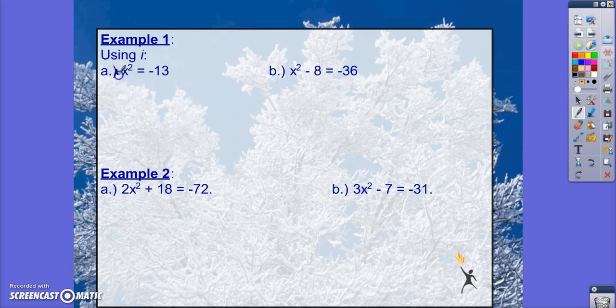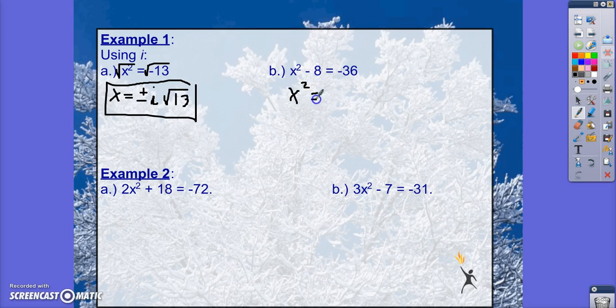So let's take a look at another one. We're solving algebraically. We take the square root of both sides. We get x equals plus minus i root of 13. Here, we're going to add 8 to both sides, or transpose the 8 over as a positive.